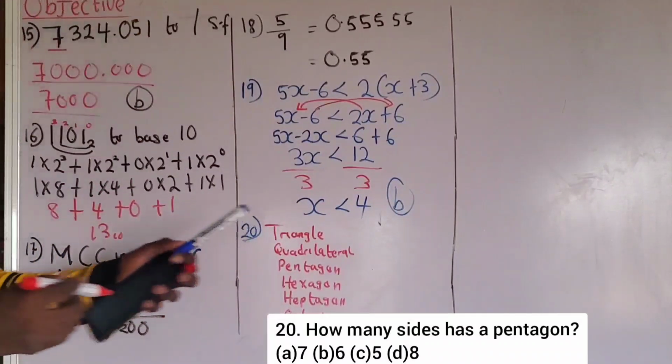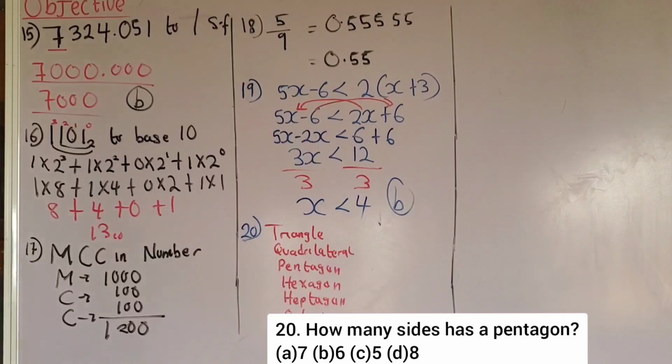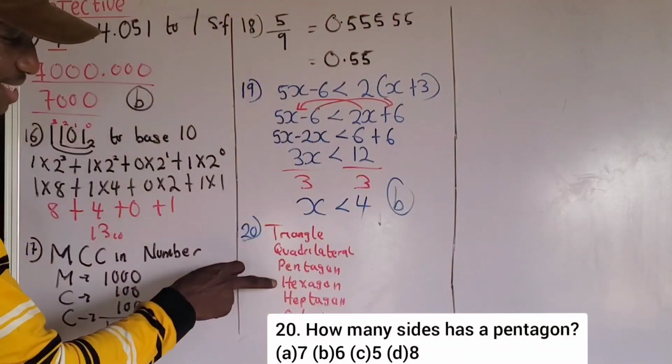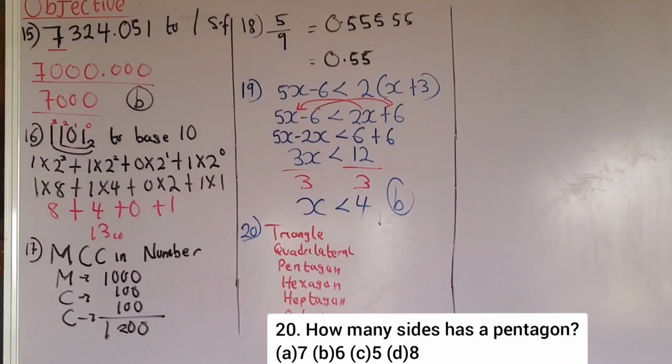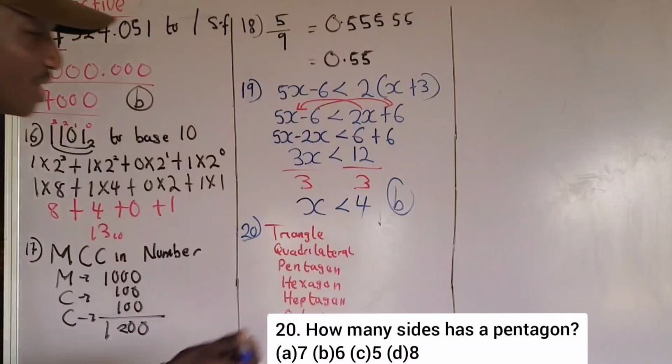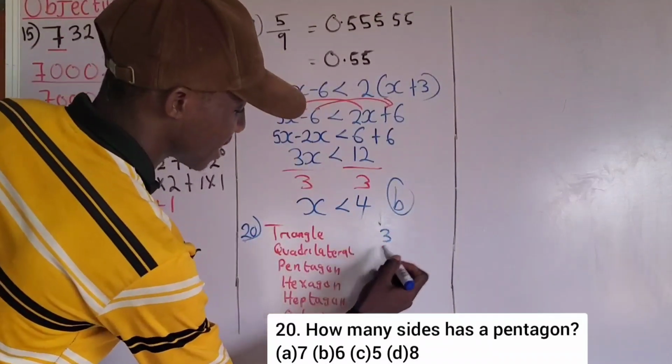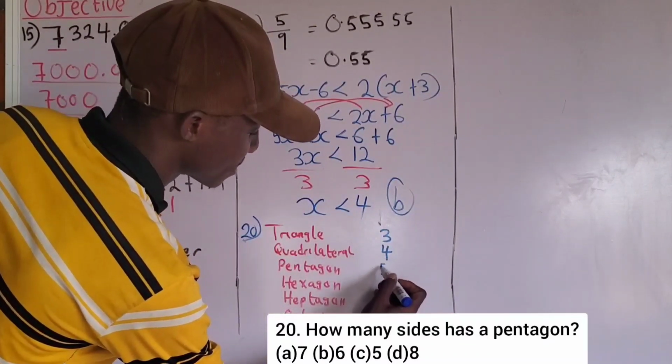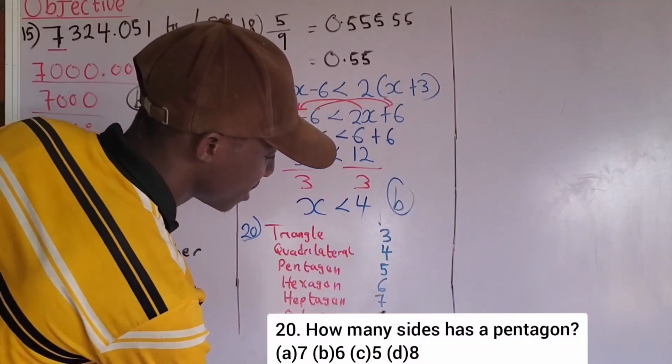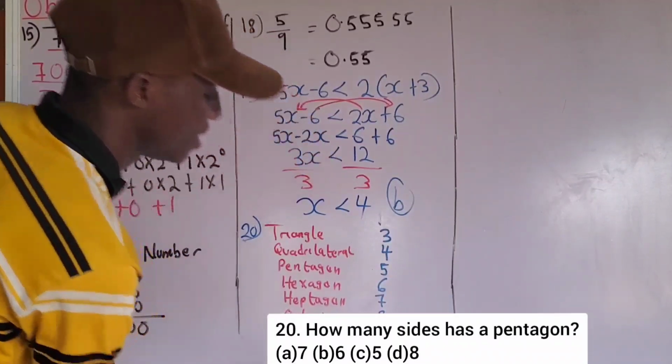Please, I want you to master what I wrote on the board, because in the 2022 past question they asked about, maybe I think it's hexagon or maybe heptagon. Now they're asking about pentagon. Let me tell you, this triangle that you see here has 3 sides, this is 4 sides, 5 sides, 6 sides, 7, 8, 9, 10. Okay, decagon is 10.